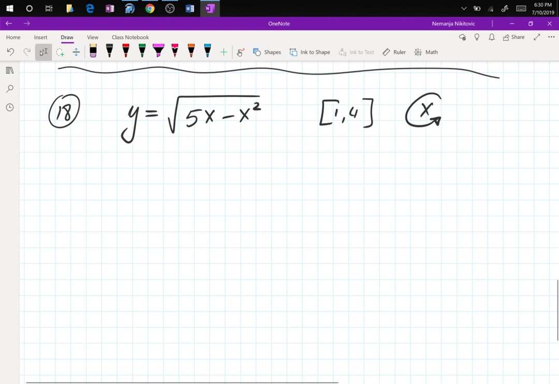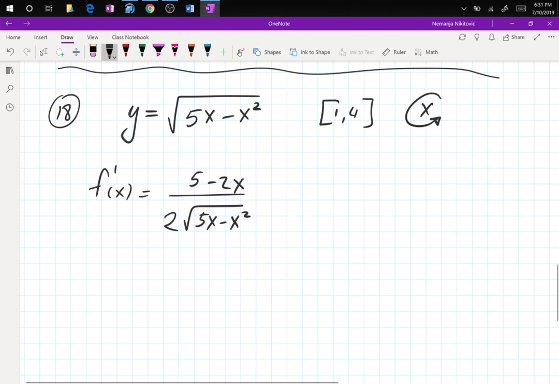Okay, let's take a look at this. I hope you started with the derivative that had the chain rule in it, and then went from there. So, what is the f prime? That's the first order of business. Well, we have a derivative of a square root. We know that would be 2 times the square root in the denominator, and then its derivative in the numerator, which is 5 minus 2x.